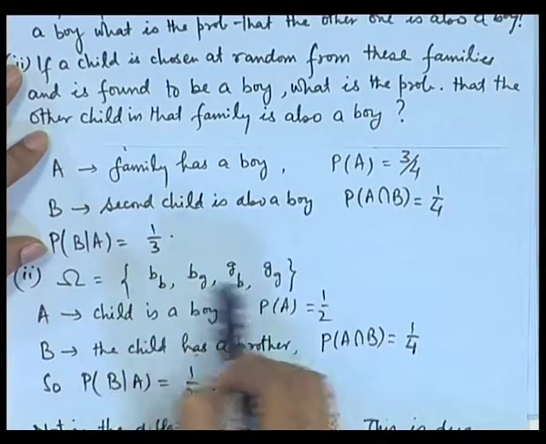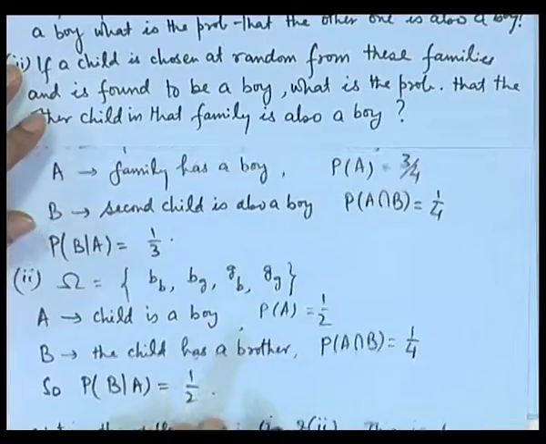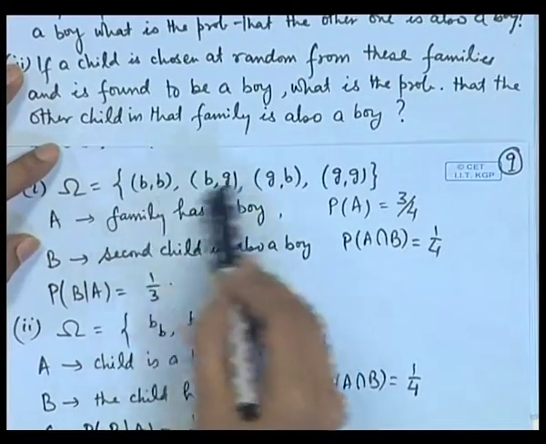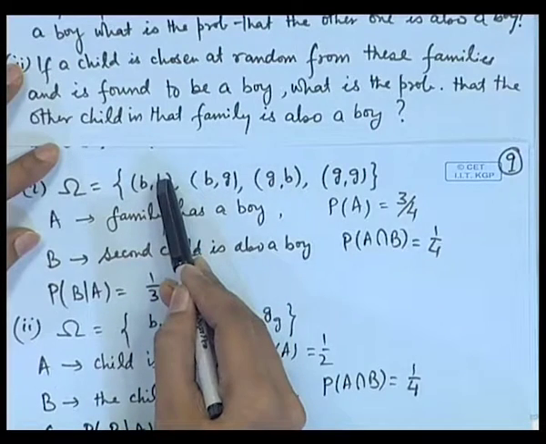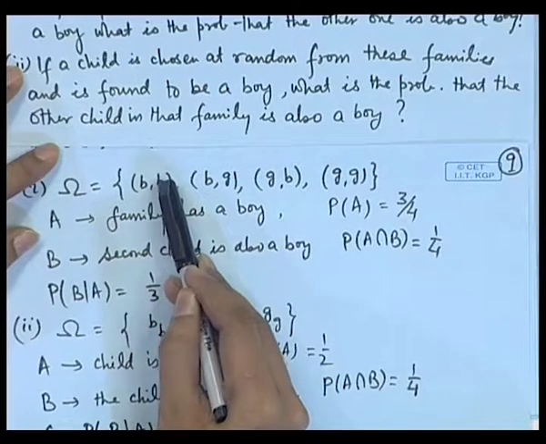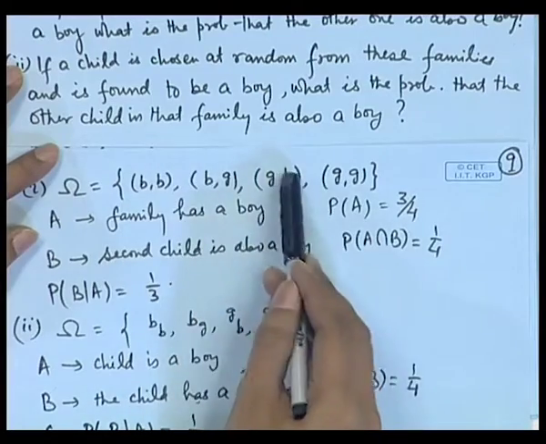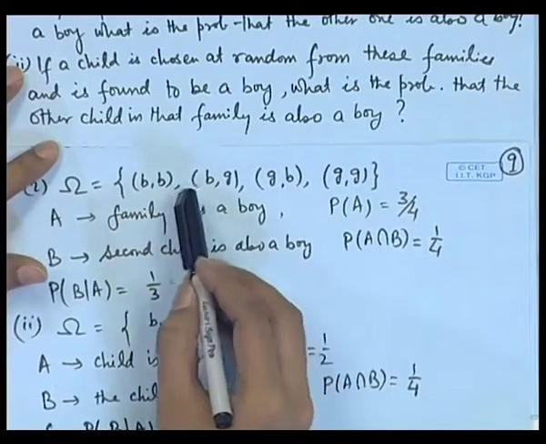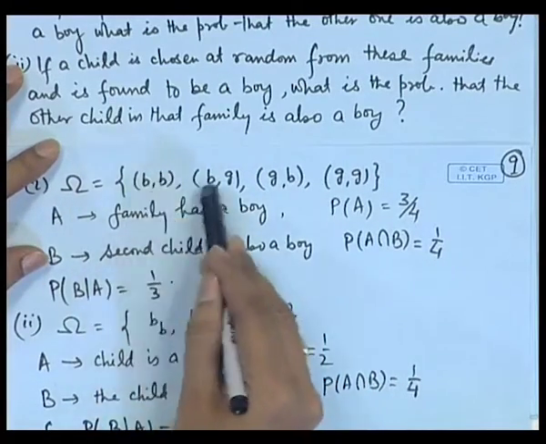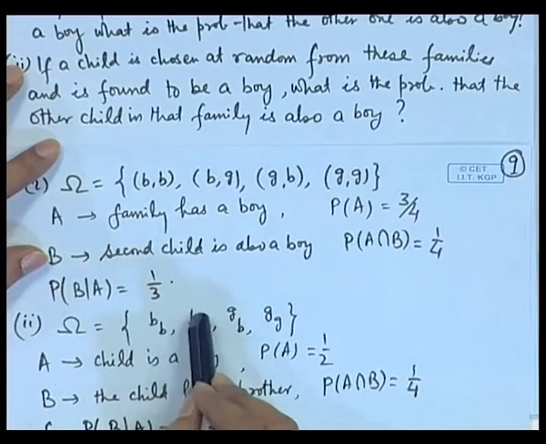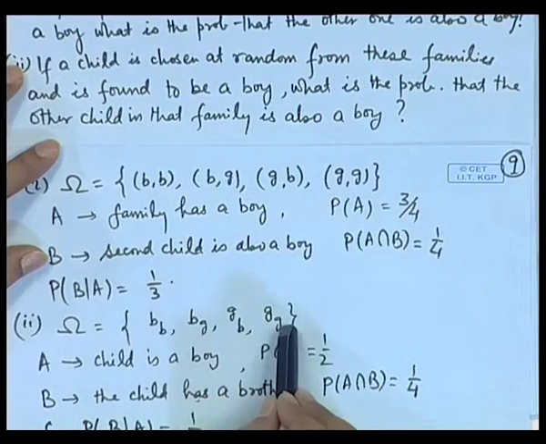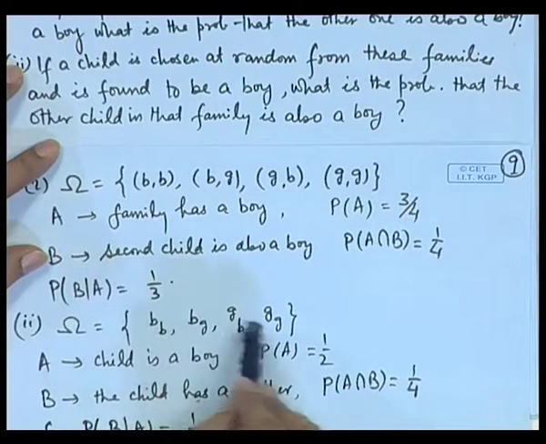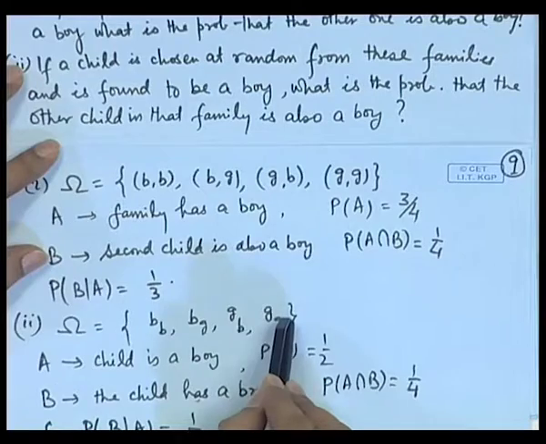So here you can see the representation of the sample space is different, although you may feel that we have written it in this way: boy, boy, boy, girl, etcetera. It can also be considered as a brother or sister relationship. However, it is not so, because there we were choosing the family at random, whereas here we are choosing a child. So the child may have a brother or sister. So the representation of the sample space is quite different.